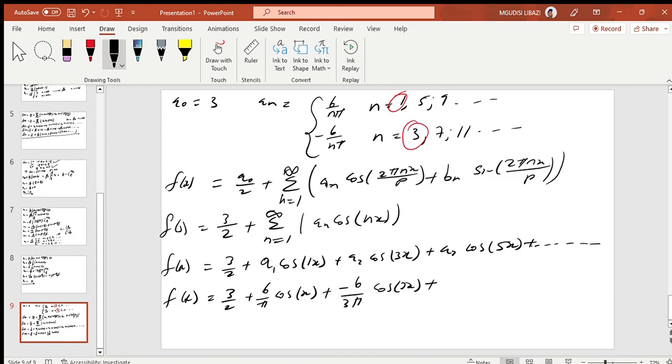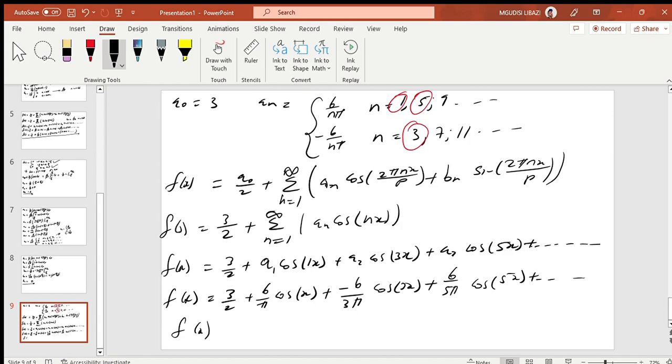Then plus, the following one is 5. So now we get 6 over, and that value is positive there, so it's going to be positive 6 over 5 pi cosine of 5x, plus etc.